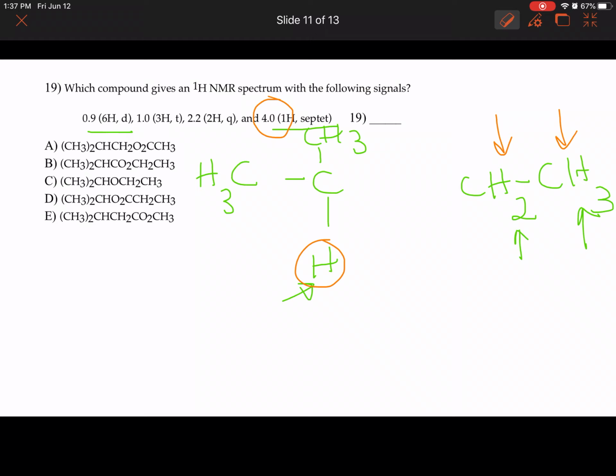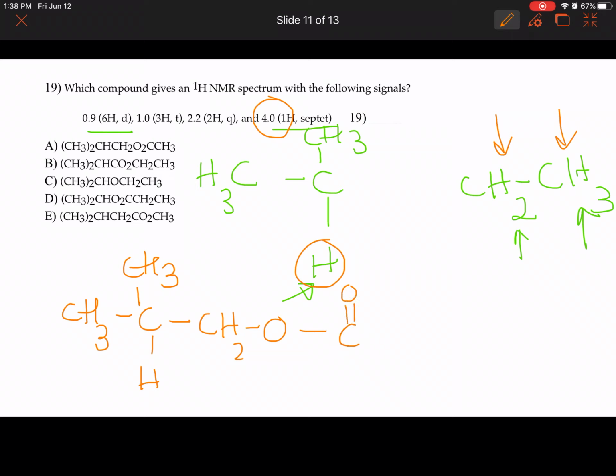So this is how A looks. You have a CH3 group, and then another CH3 group, and it also has a hydrogen on it. And then you have a CH2 group, and then an oxygen, and then a carbonyl group and CH3.